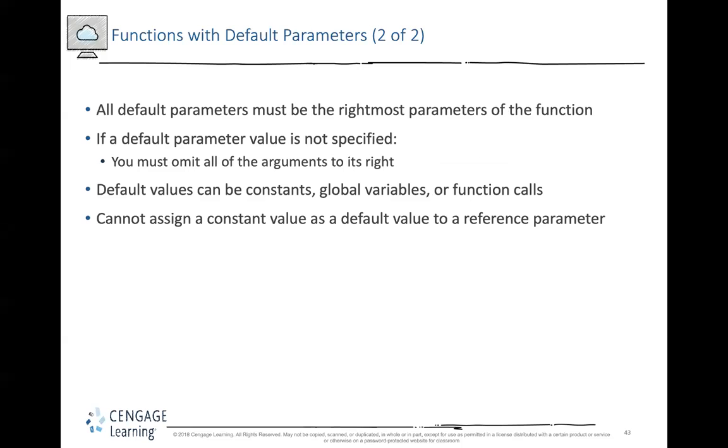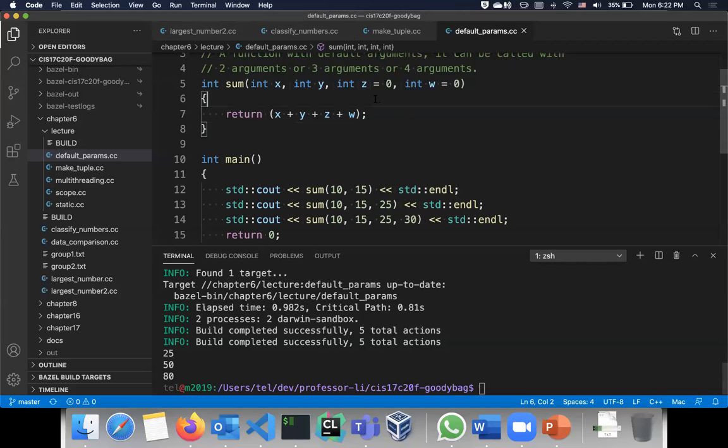There's one rule. You may have noticed that default parameters can only be specified from the rightmost parameters. So you cannot have a default parameter here and then skip another one that's not a default and then have another default. This does not work, it's not valid.